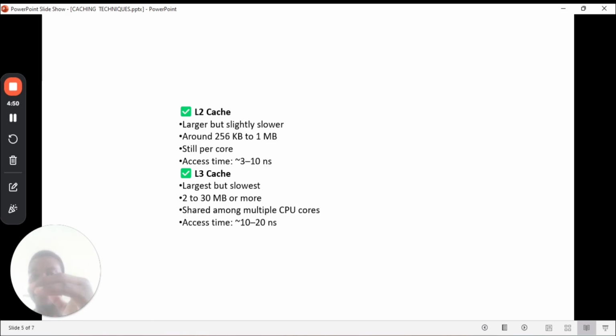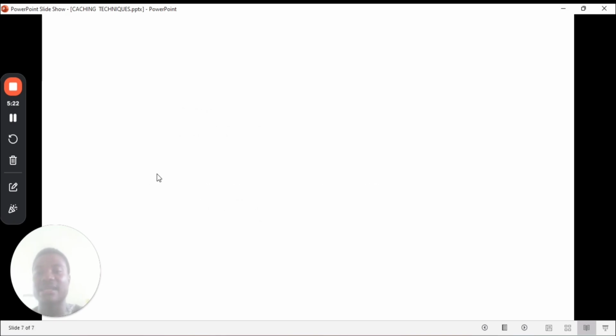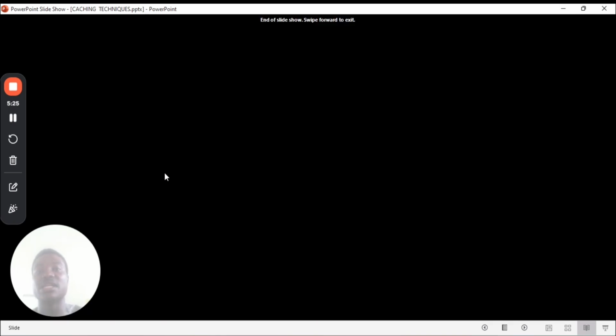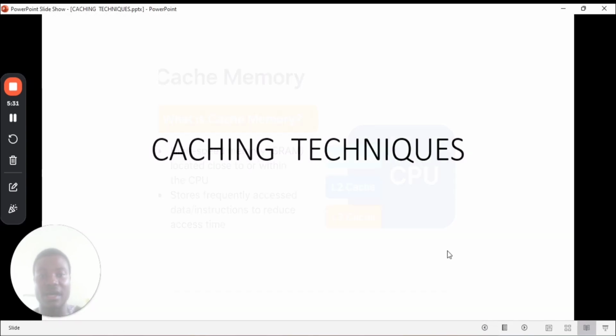The second and third levels are shared among multiple CPU cores. The access time for the third level is approximately 10 to 20 nanoseconds. So we can see clearly that the first level is very, very fast.